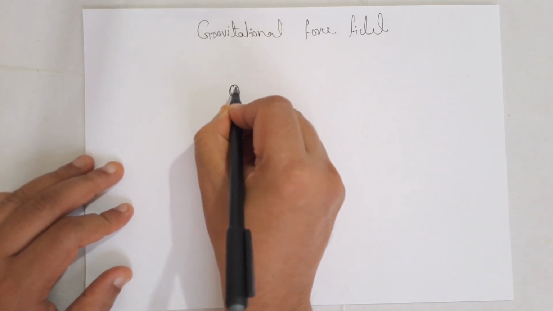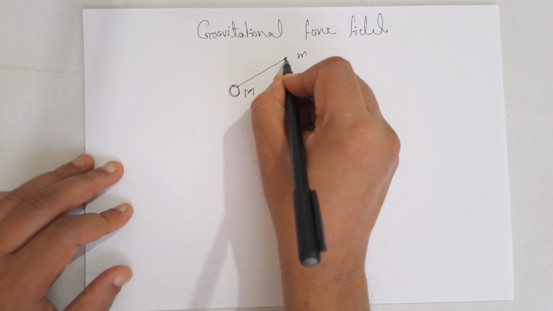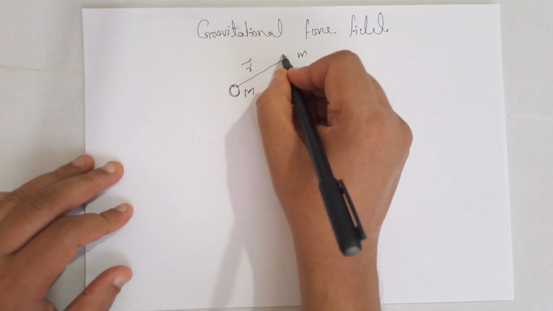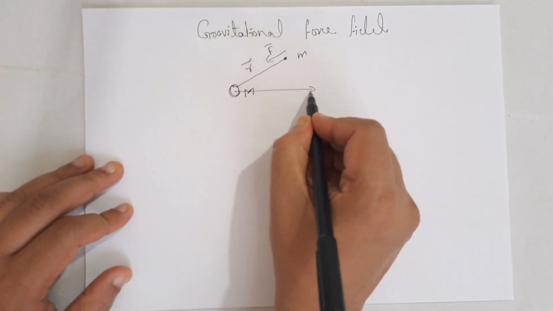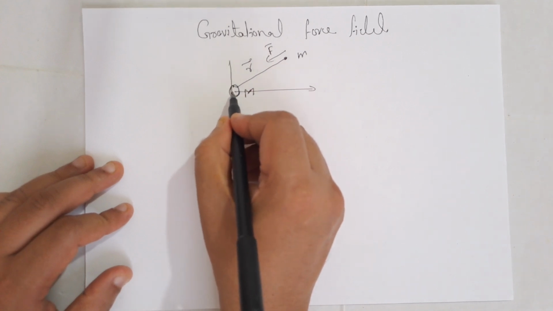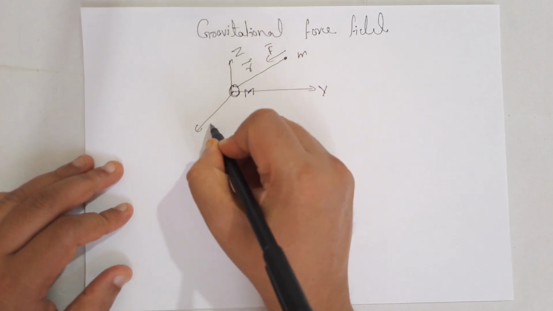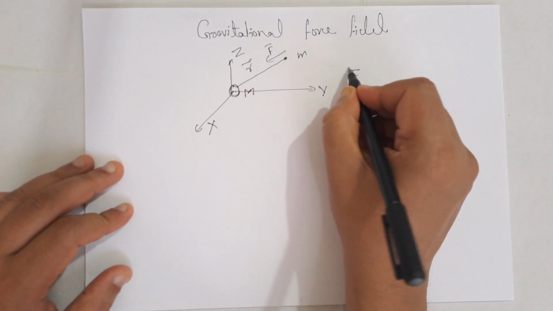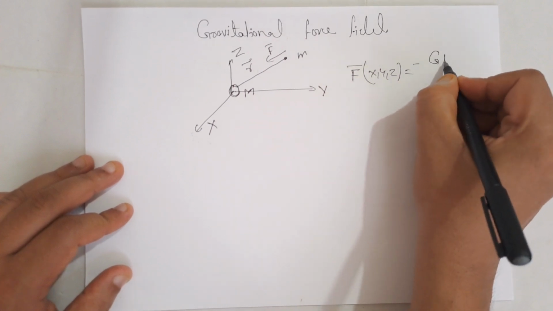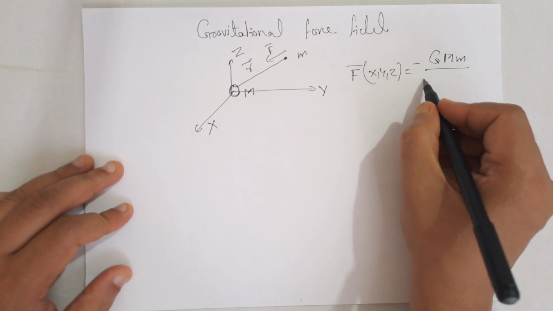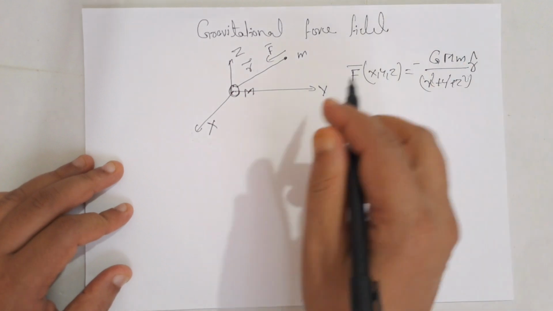This is a bigger mass M, and there is a mass m at a distance r, and the force from M to m will be F. If we take bigger mass M as the origin, then this one is y, this one is z, and this one is x, and the gravitational force will be F(x, y, z) equal to minus G M m divided by x square plus y square plus z square, r hat.